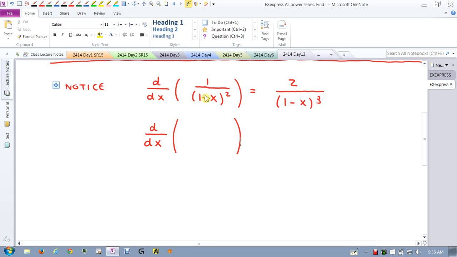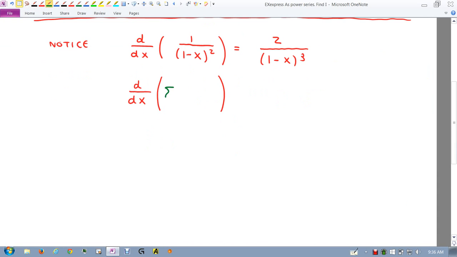I'm just doing a direct substitution. What is this thing? We just said that it is the sum n equals 1 to infinity of n x to the n minus 1. That's what this is equal to.